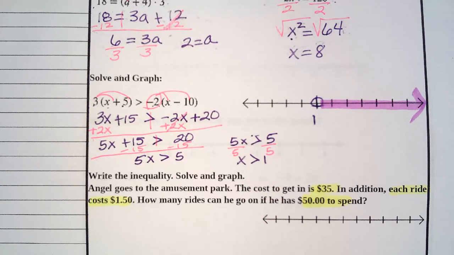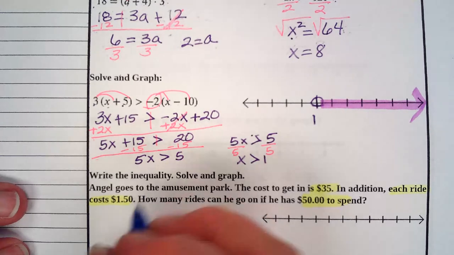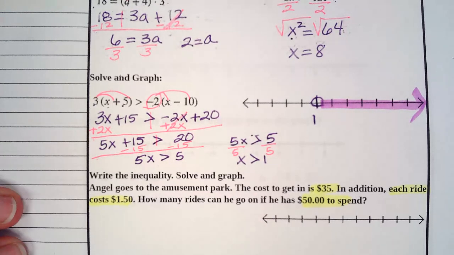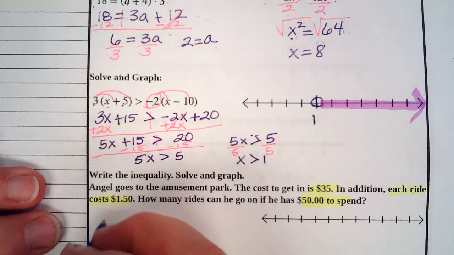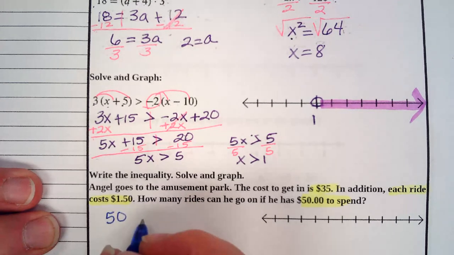If all he has is $50, can he go over $50? No. Can he go under $50? Yeah, because then he can take money home. So 50. $50 is all he has to spend.